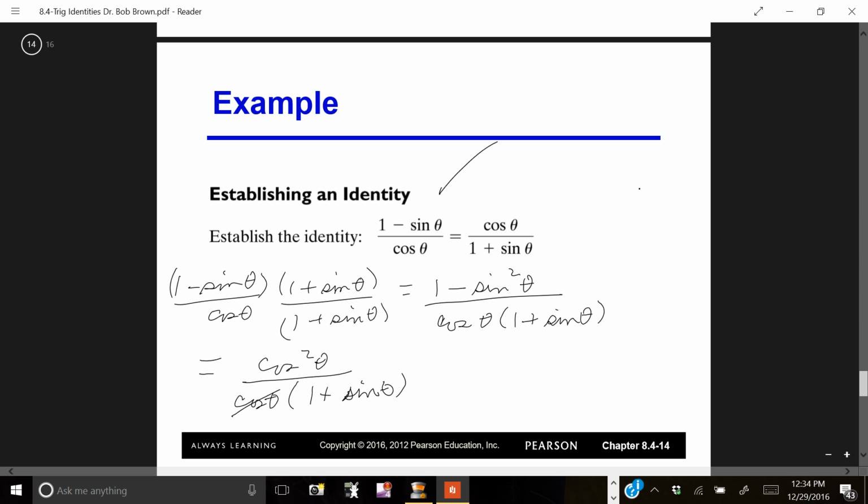And a cosine theta cancels out one of the cosine thetas in the numerator, so we get cosine of theta over 1 plus sine of theta.